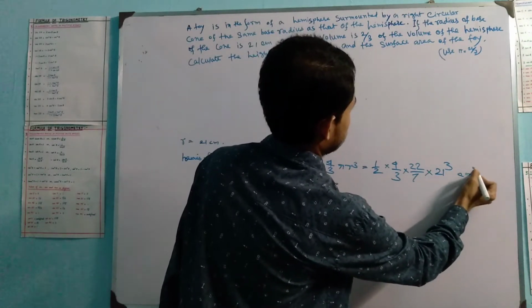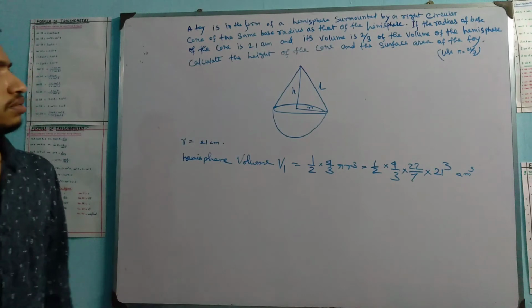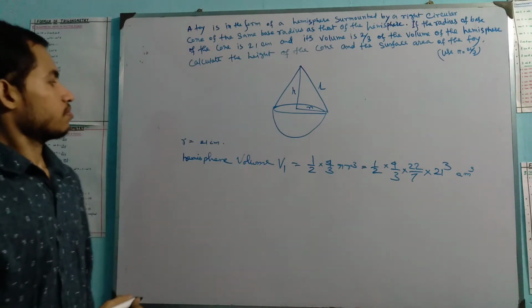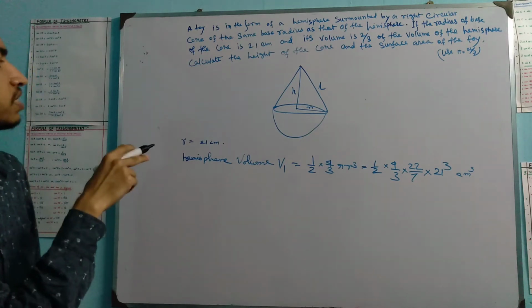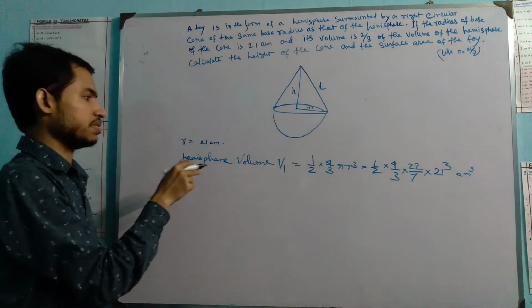Next, the question is saying that the volume of the cone is 2 by 3 of the volume of the hemisphere, which is V1.